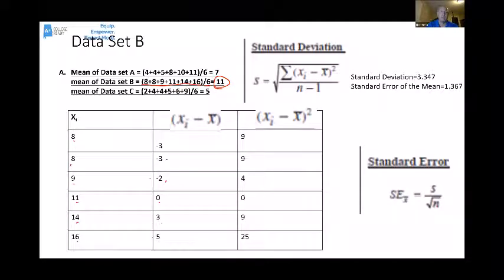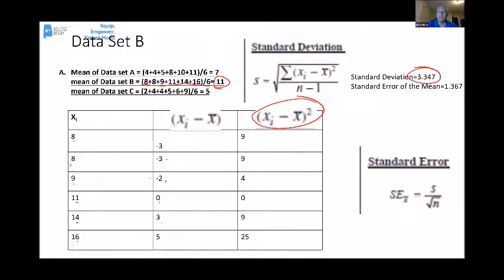Those look good. I square them to fill in this column, sum them up, divide by 6 minus 1, 5, and end up with a standard deviation for this group of 3.43. Divide that by the square root of 6 to get a standard error of the mean of 1.367.